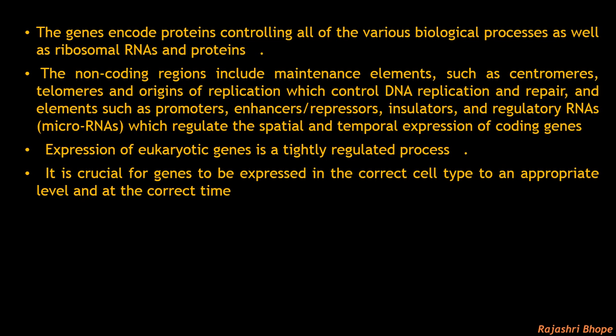Expression of genes is tightly controlled. It is crucial for genes to be expressed in the correct cell type, to the appropriate level, and at the correct time. All the genes, whenever the signal is given, that particular gene is activated. Say in this pandemic, if we catch an infection of COVID-19, our immune cells get a signal that yes, now we are corona positive.